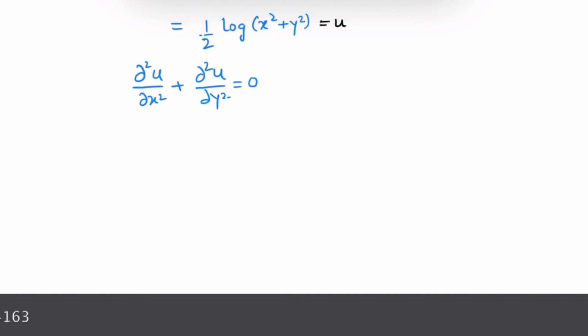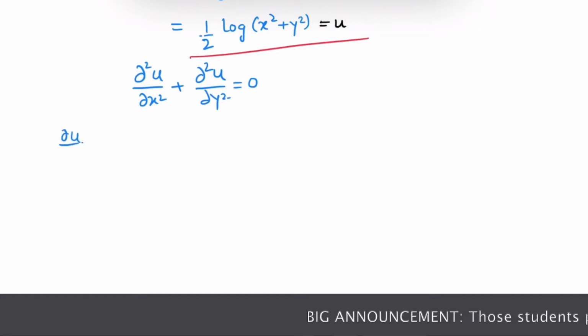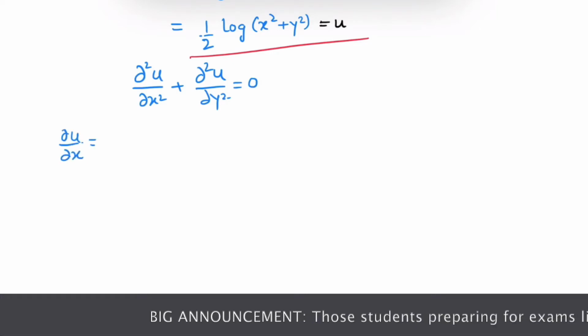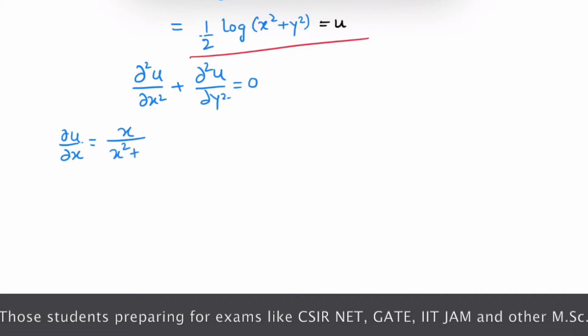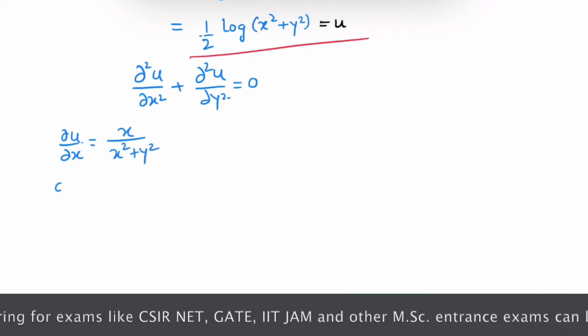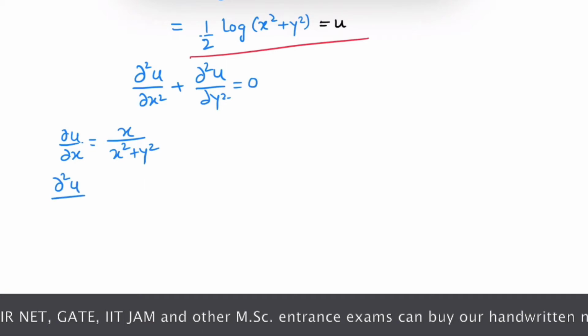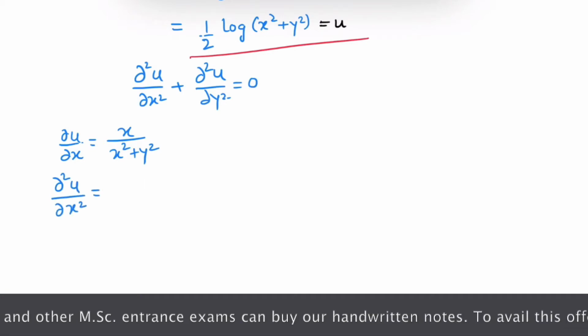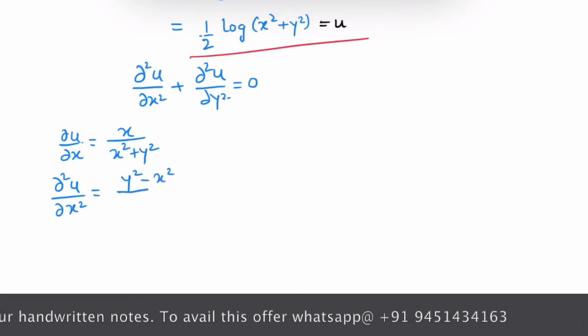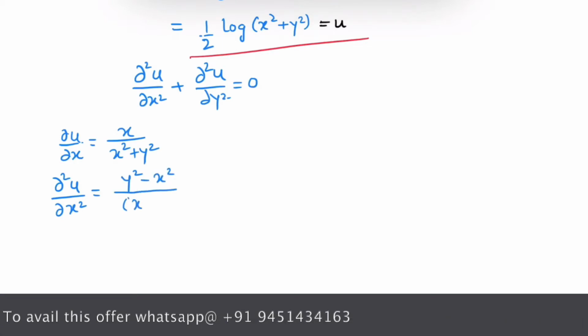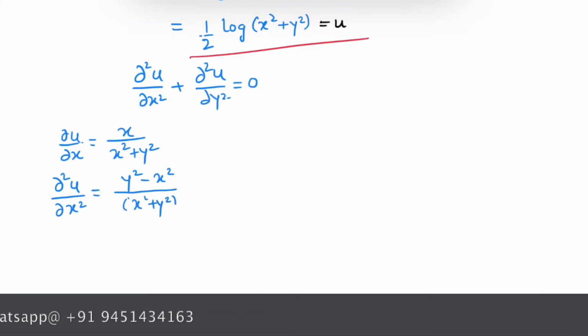Del u over del x will be x over x square plus y square, and del square u over del x square will be y square minus x square over x square plus y square whole square.